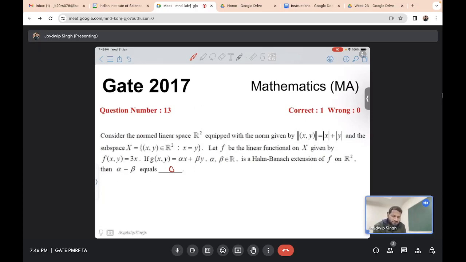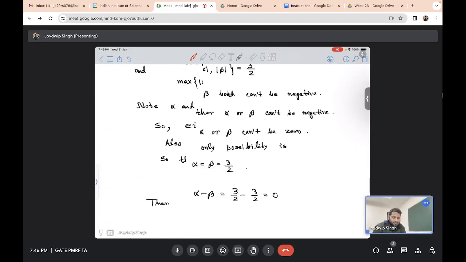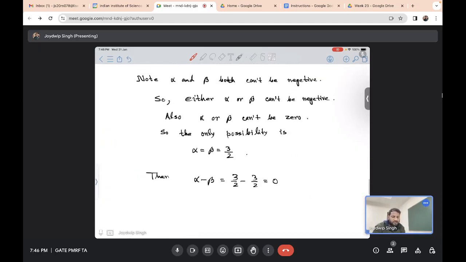So this type of harmonic extension may not be unique. That's why it is said that if G is a harmonic extension, there may be many harmonic extensions. What you have solved here, you can see that you get a unique alpha and beta exactly.